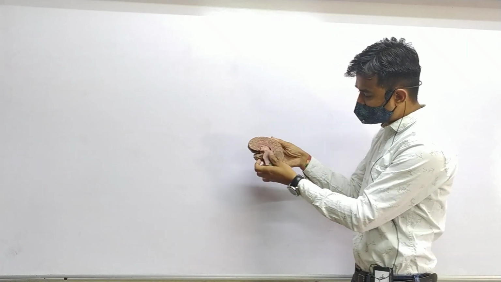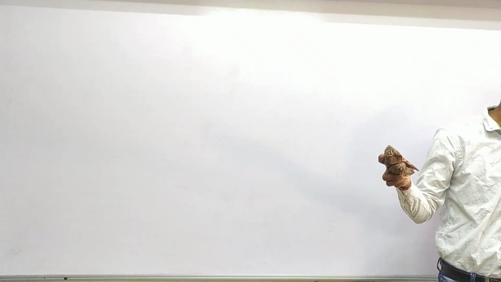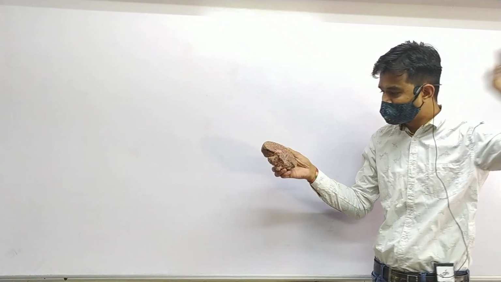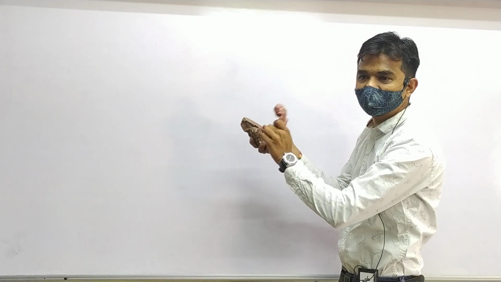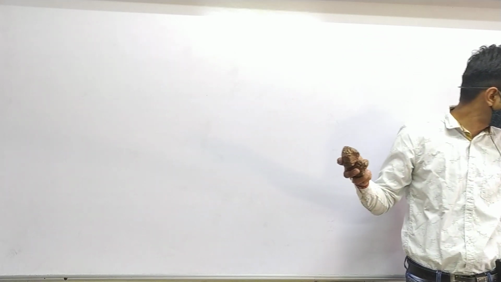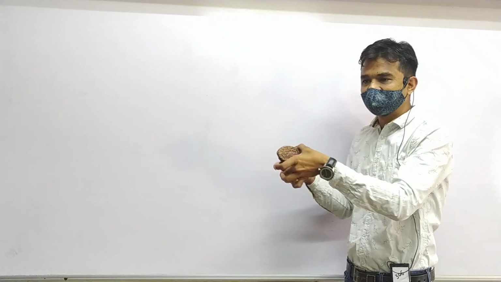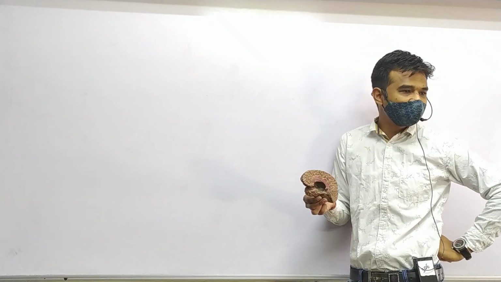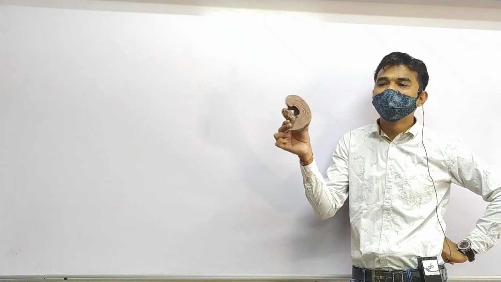Now you know this, right? I can remove the cerebellum right now. Fine. I can keep it to the side. I can remove the brain stem also. This one is the brain stem. So now you see, this is the whole cerebral hemisphere.